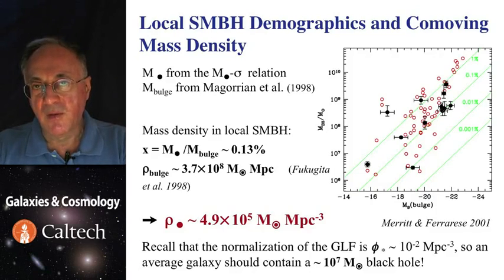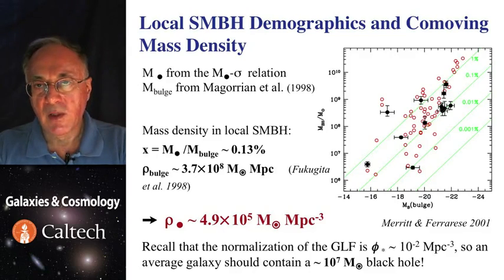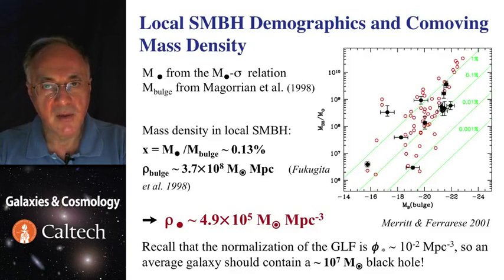And if we do this, we find out that on average, you expect that typical luminous galaxy today would have about 10 million solar mass black hole in its core. And Milky Way has a 3 or 4 million solar mass one, so that's perfectly sensible. The Andromeda one is maybe a little more massive.